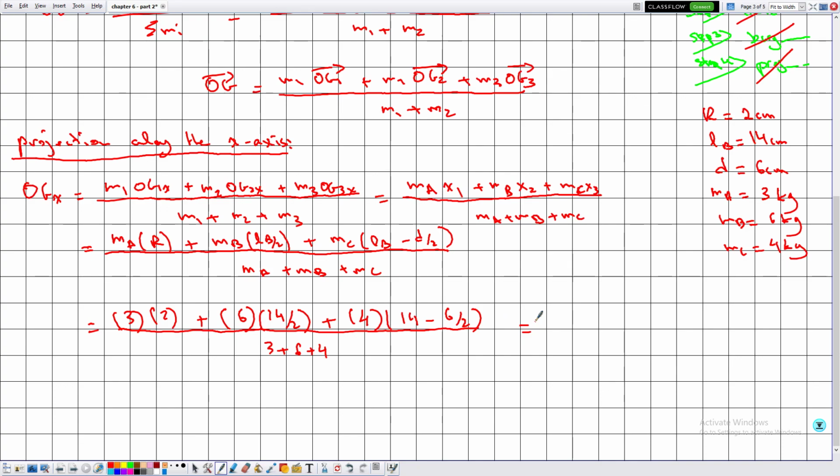Plugging this fraction into the calculator, it's given by 92 over 13, which is almost equal to 7.08 centimeters. Let me check the calculation again.